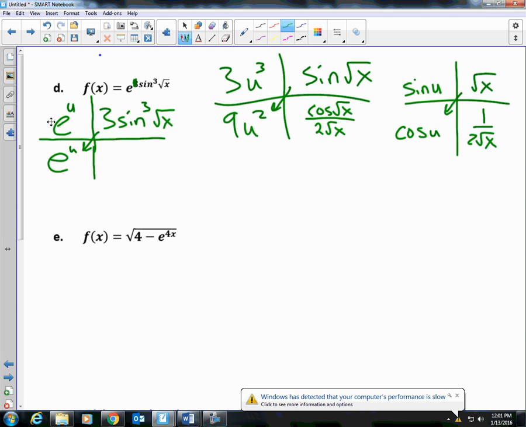Now I will multiply these together to get something in this box. So I have 9 times sine squared of the root of x times the cosine of the root of x all over 2 roots of x.